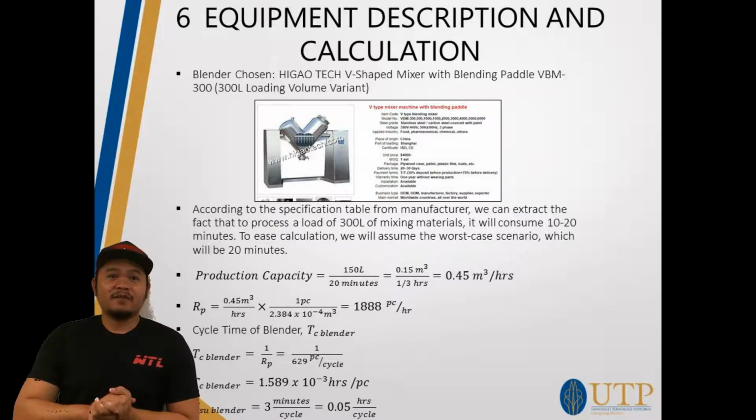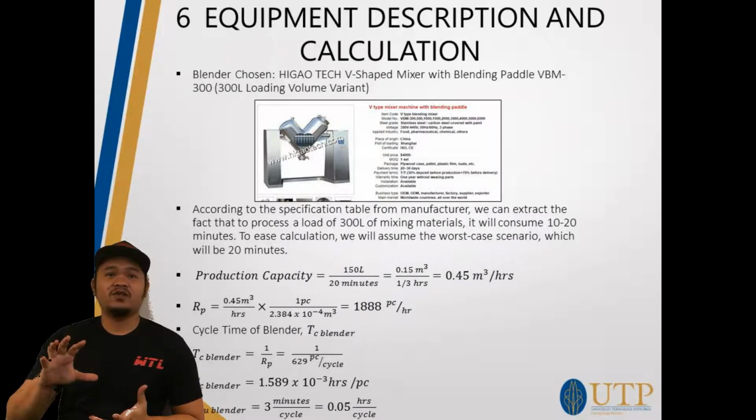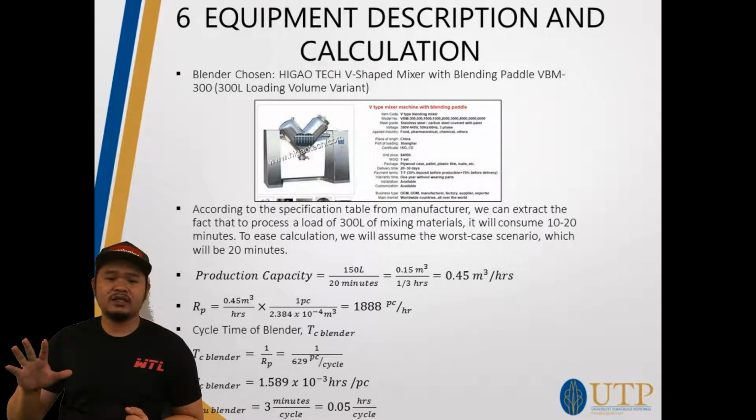Oh yeah, I forgot. That's our setup time. Setup time, we choose 3 minutes per cycle, which converts to 0.05 hour per cycle. And we already choose our scrap rate, which is our defect, which is 10%.